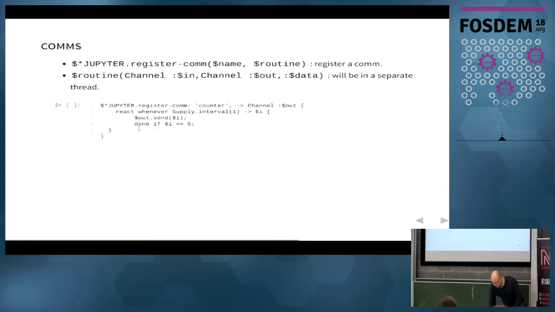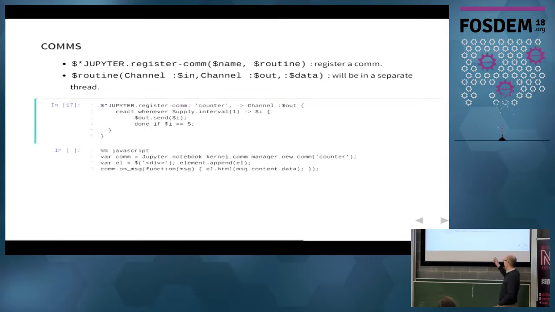So if we run this code, we are creating a comm. And then on the front end, we use the Jupyter comm API and say, give me a new comm that is registered as counter on the back end.